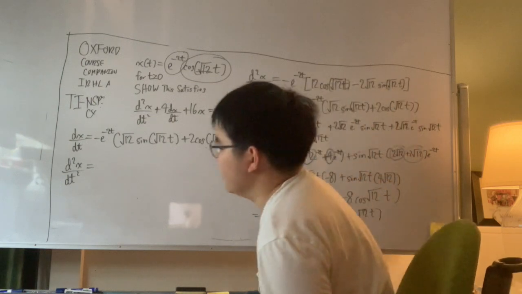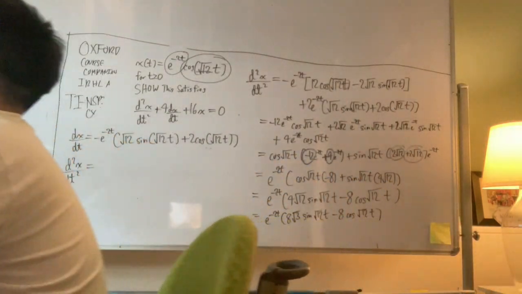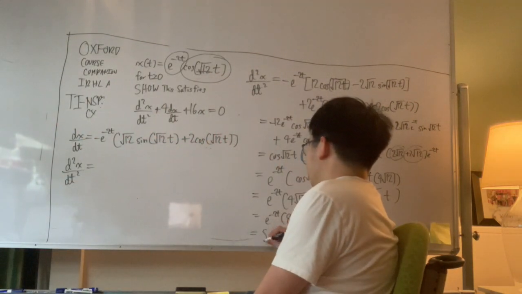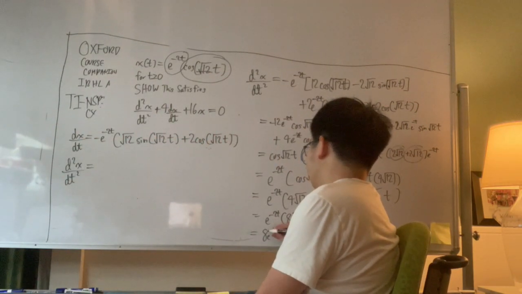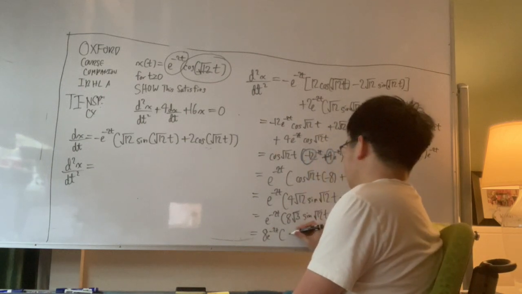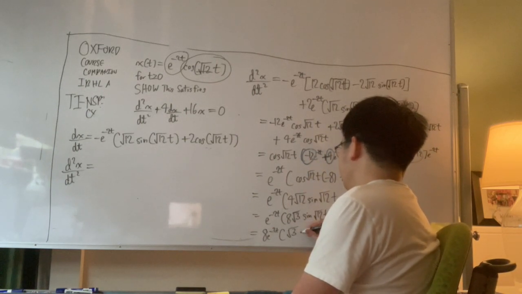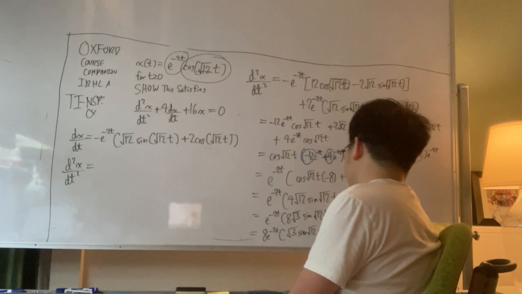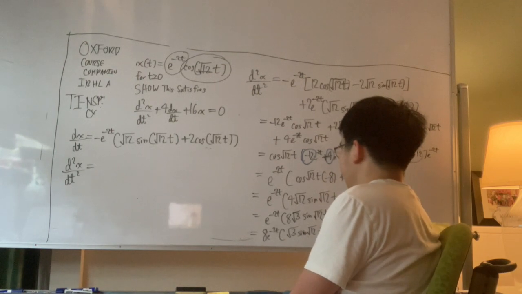And then I can factor out that 8 to get 8e^(-2t) times square root of 3 sine of square root of 12t minus cosine of square root of 12t.